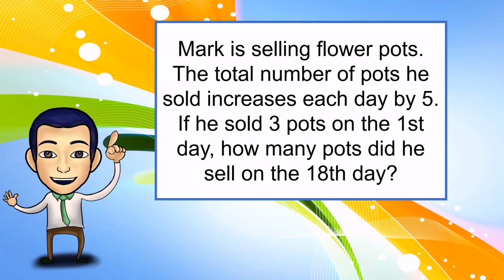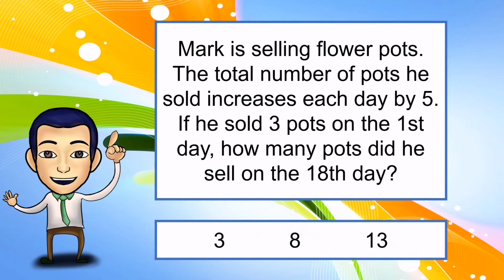Okay, so how many pots did he sell on the first day? That's right, it's 3. How about on the second day? Okay, correct, it's 8. On the third day? Very good, the answer is 13. So this is the sequence 3, 8, 13.